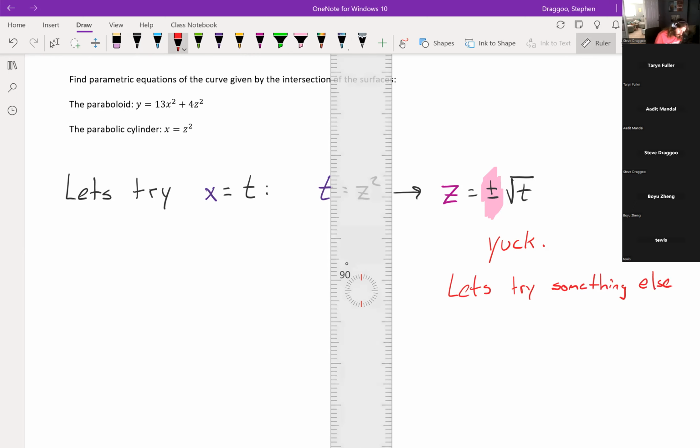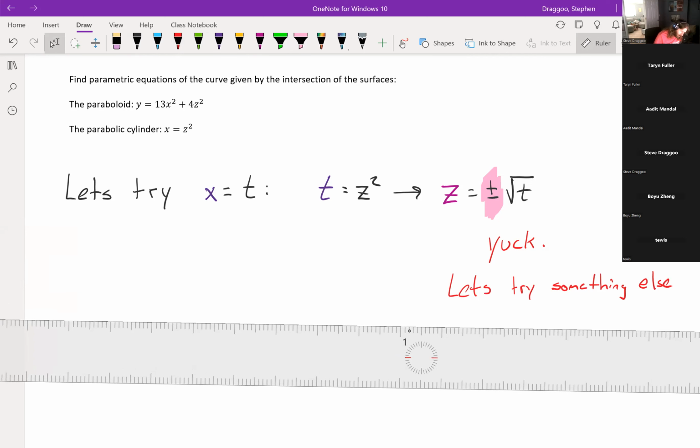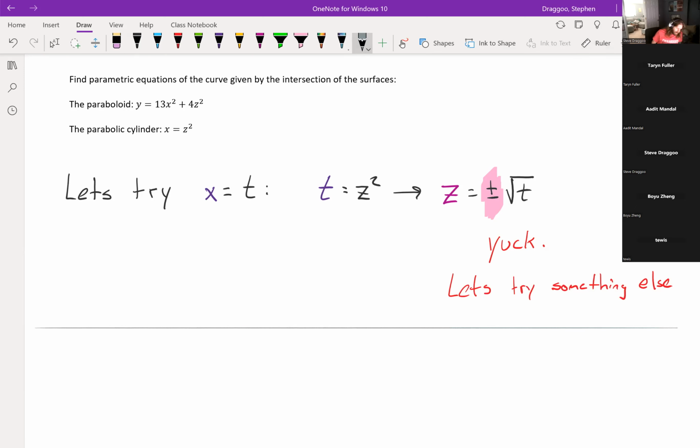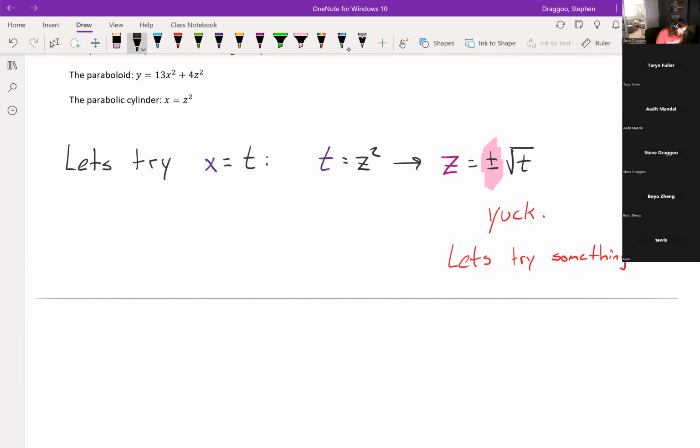Okay. I'm going to draw a dividing line on here to represent starting the problem over. So x equals t didn't work so well. So let's just go down the line, try the next variable. Let's try y equal to t.